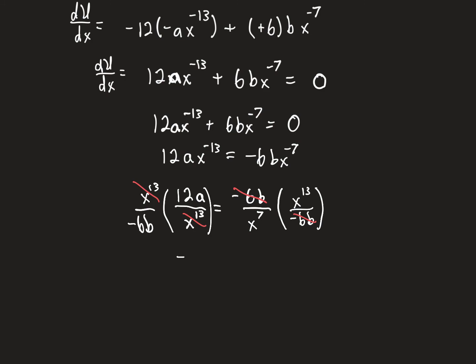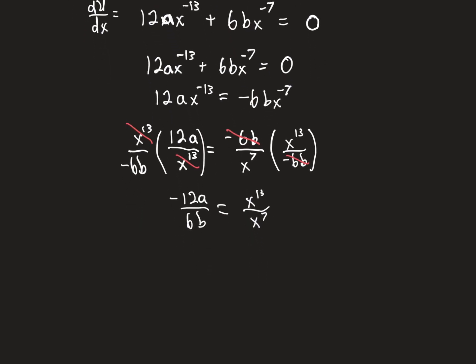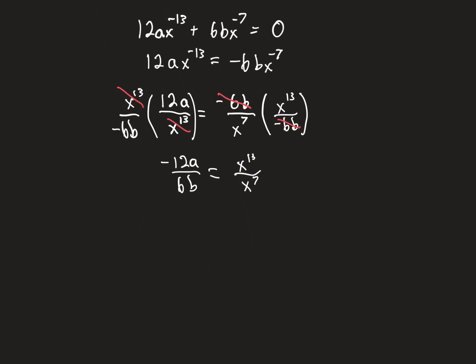So I have negative 12A over 6B equal to x to the 13 over x to the 7. When I divide two exponents, that's the same thing as subtracting the exponents. So x to the 13 minus 7 is equal to negative 2A over B, simplifying 12 divided by 6. So negative 2A over B is equal to x to the 6th.